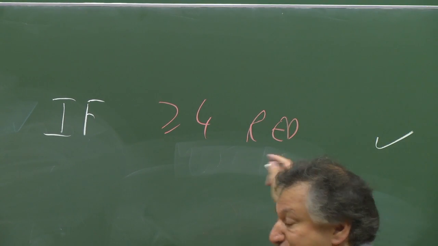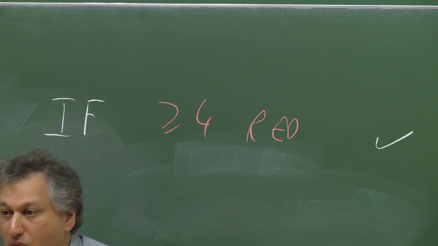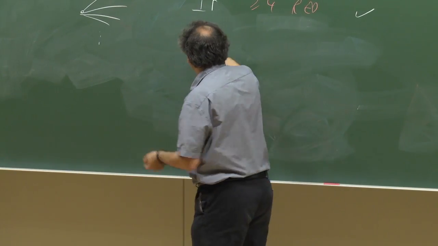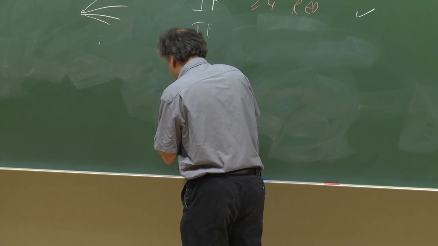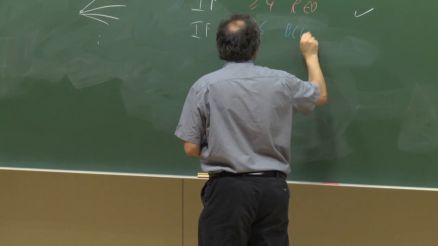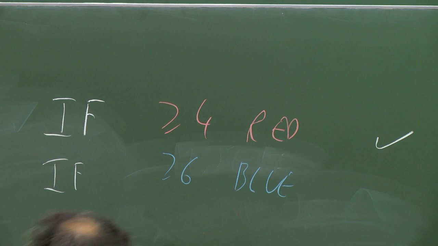Right? If 4 of those are red, that was the case we just did. We said, look at the 4 endpoints. That's what we did before. And equally, just like before, it's still true that if at least 6 are blue, then again, we're done for the same reason, right?